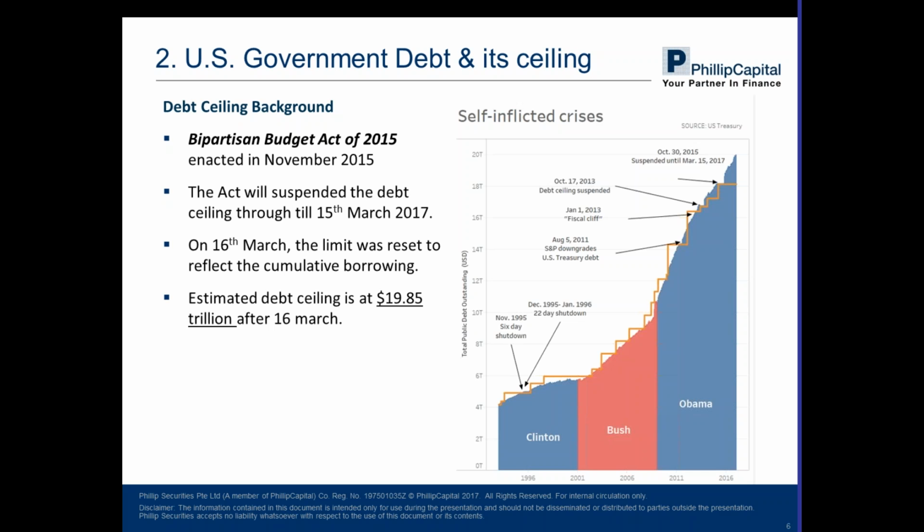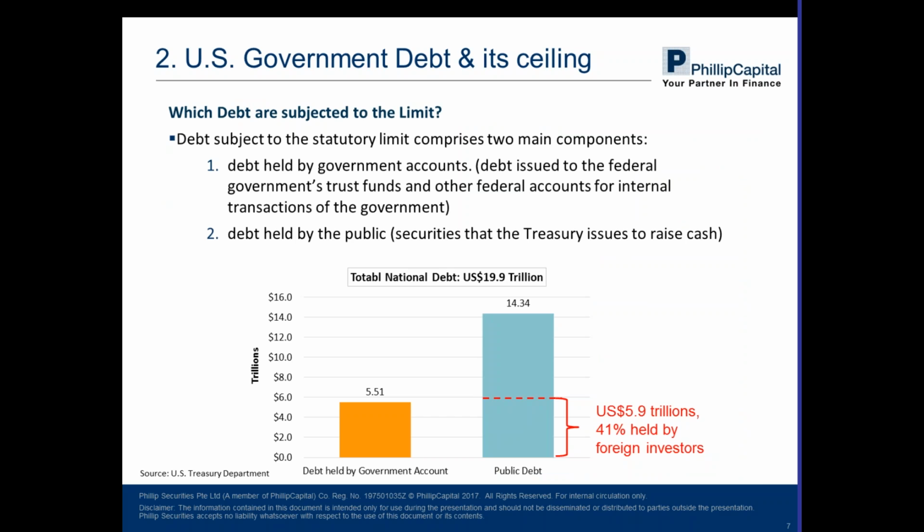So with a debt ceiling at 19.85 trillion and a constant requirement for more cash, there is a limitation to how far borrowing can go. Before I jump the gun, I'd like to show you what debts are subject to this limit.